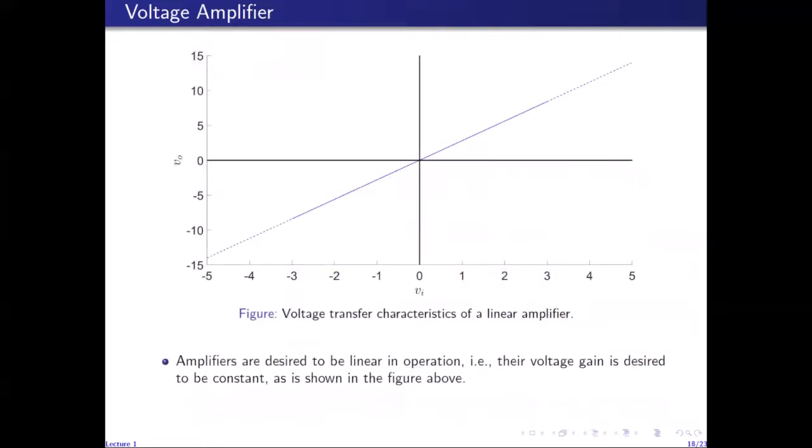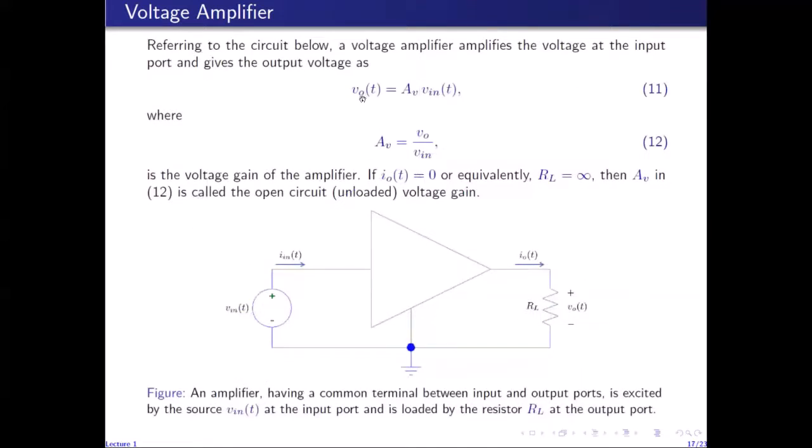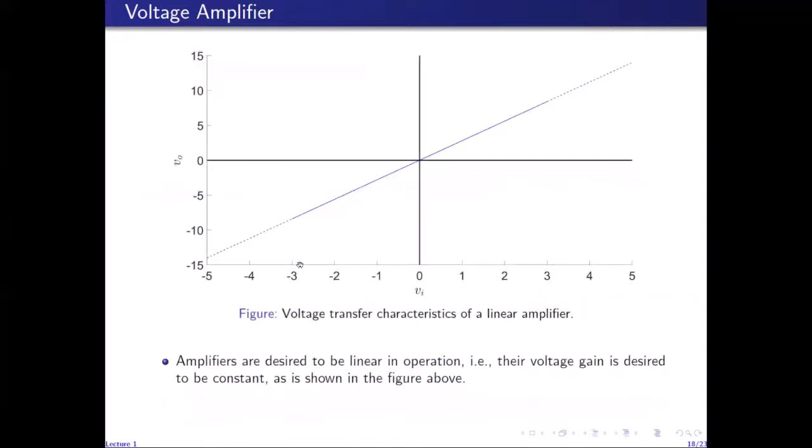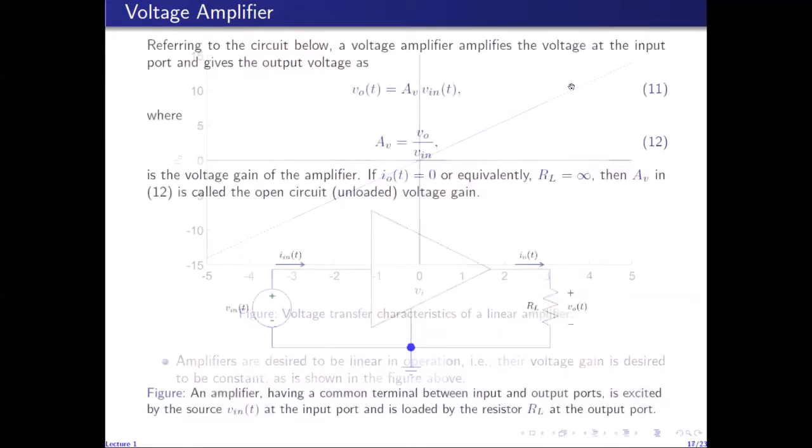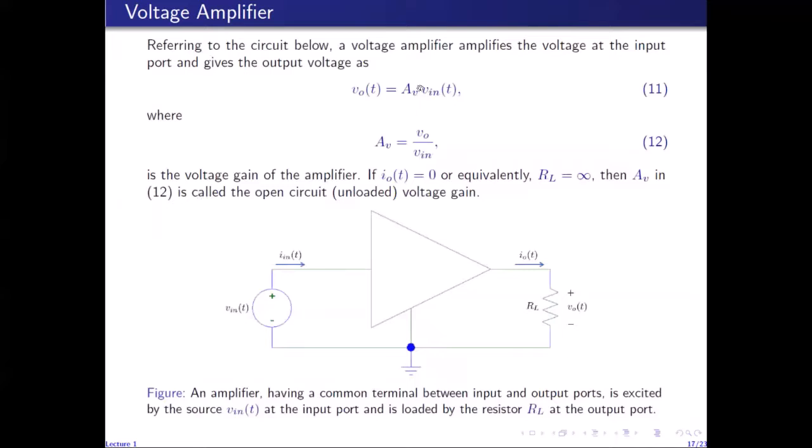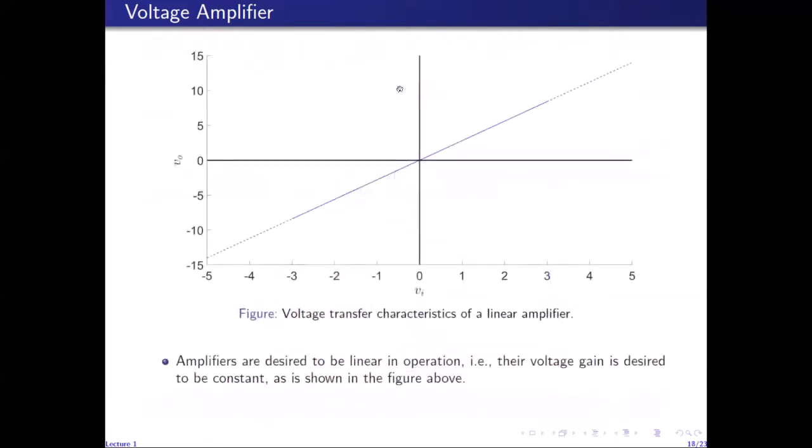These are called the voltage transfer characteristics of an amplifier. So the plot of the output voltage against the input voltage is called the voltage transfer characteristic of the amplifier. And from these characteristics, we see that the slope of the curve is a constant. So the slope of the curve, which is the gain of the amplifier, is actually a constant here.